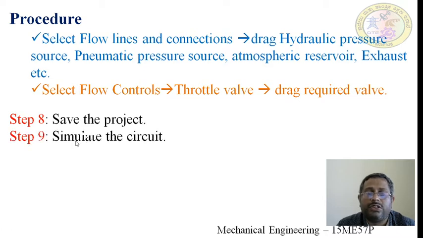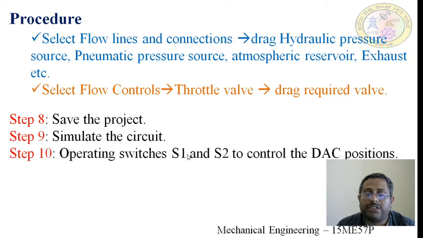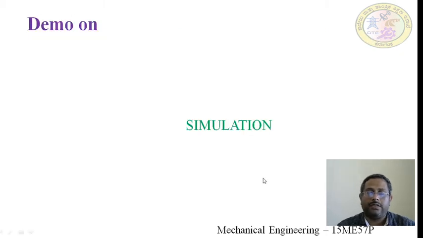Then you have to simulate the circuit and we have to see the output by operating the switches S1 and S2, control the DCV position, and also we can check the speed of the piston movement by changing the valve opening percentage. Next, I will show how to simulate these ladder circuits and pneumatic circuit in Automation Studio.